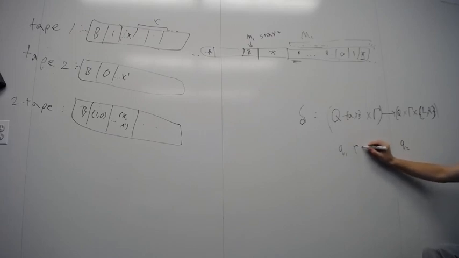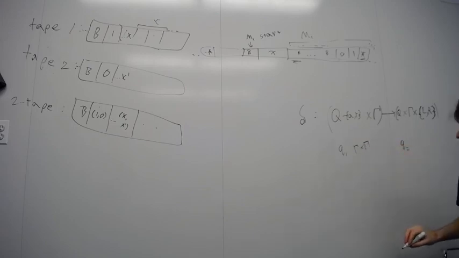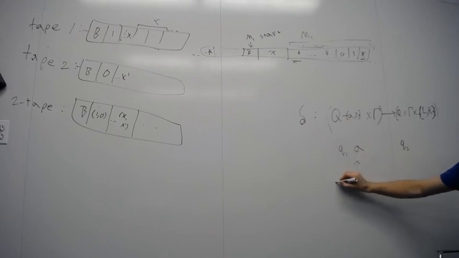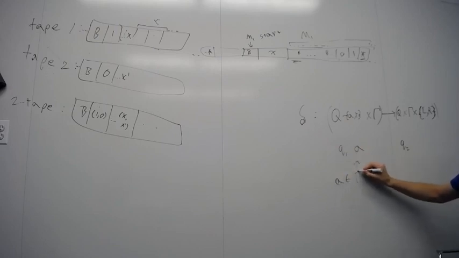Wait, isn't it gamma cross gamma? No, it's not tau. Yeah, that's what you were saying. Sorry, I always get confused. It's some alphabet character A, where A is an element of gamma cross gamma, right? Is that right? Yeah.